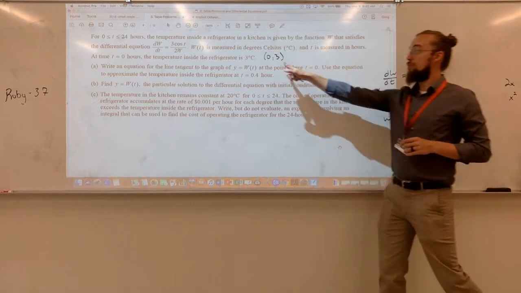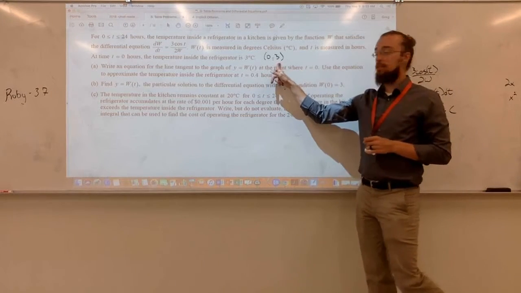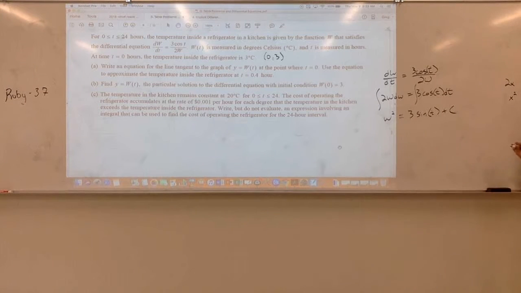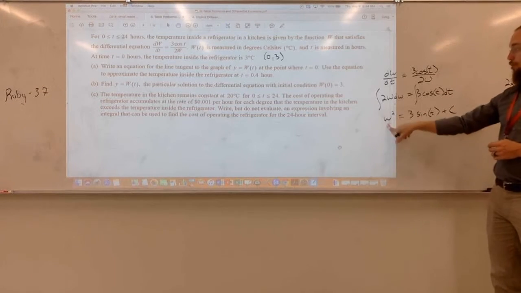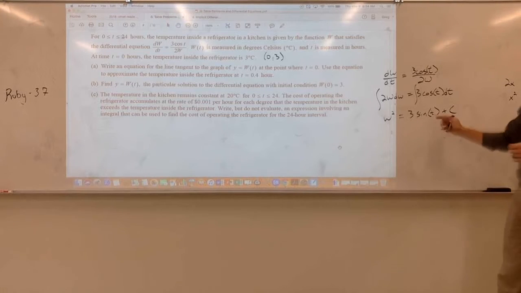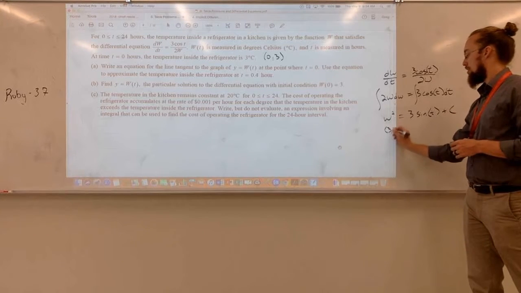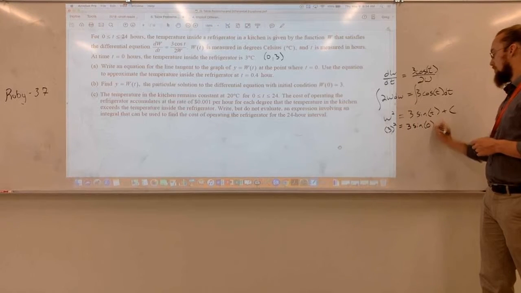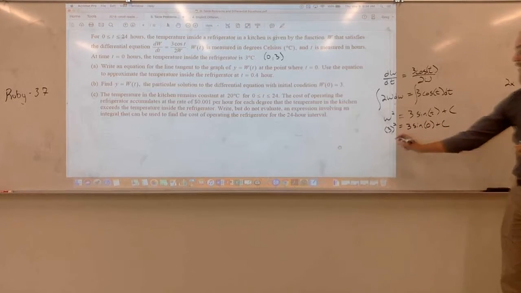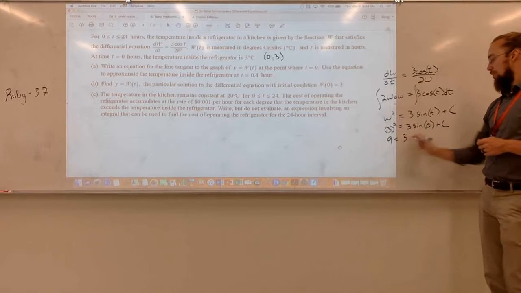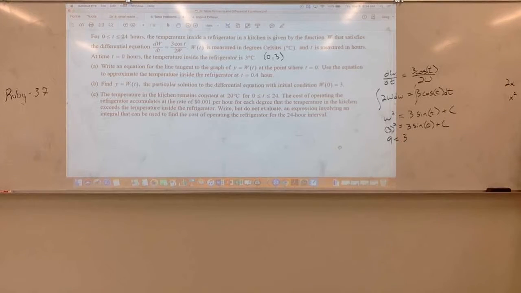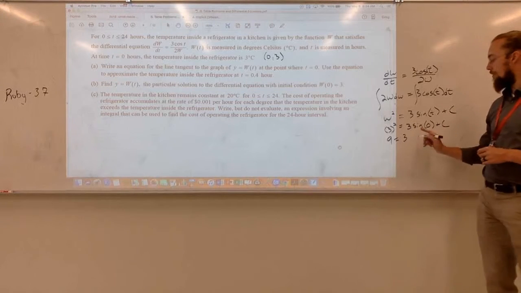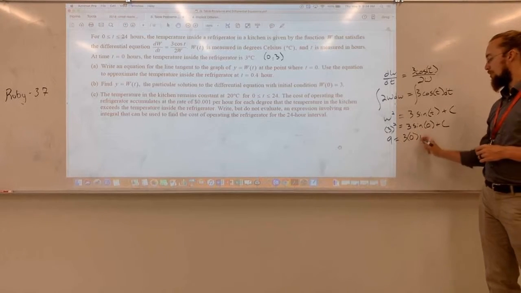Then we want to use our initial condition. At t equals 0, the temperature is 3. So I'm going to plug 3 in for W and 0 in for t. So we get 9 equals 3 times... What's the sine of 0? 0, right? The y value at 0 is 0.